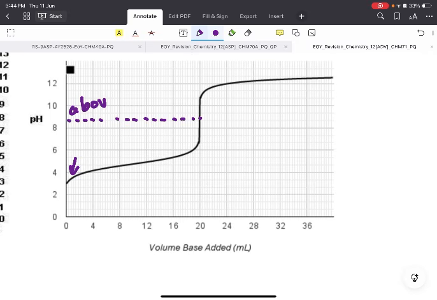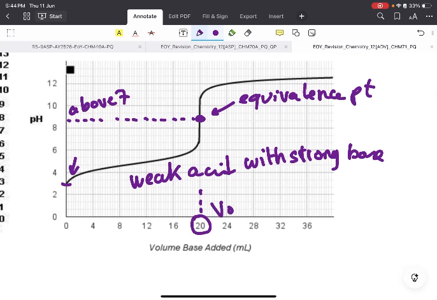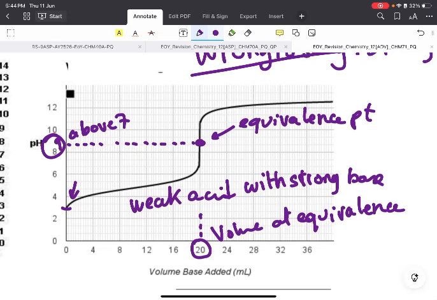It's actually above 7. And it starts from high. So this is the titration of weak acid with strong base. Now, here's the equivalence point. Here's the volume at equivalence, and here's the pH at equivalence.